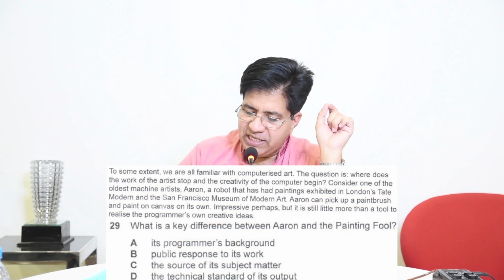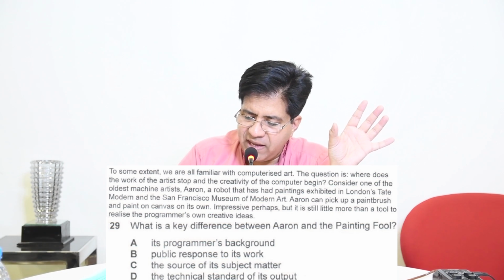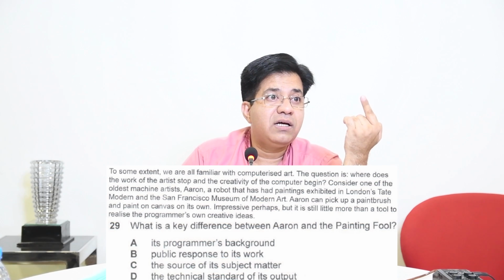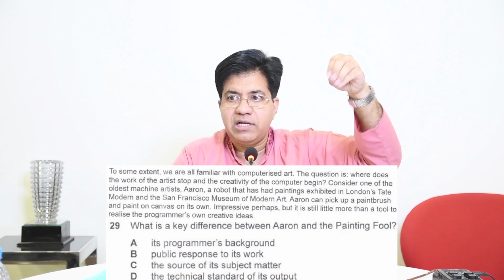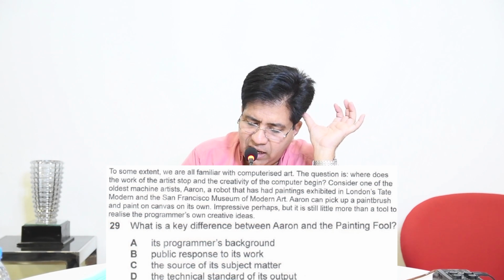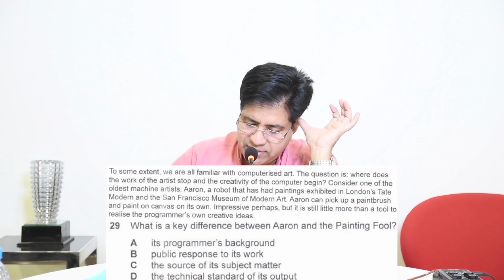I'm reading Aaron. Please follow me. Third paragraph, third last line. Aaron can pick up a paintbrush and paint on canvas on its own. Means automatic. Got it? It'll pick up the paintbrush and it'll start doing it automatically. Impresses perhaps, but it is still little more than a tool to realize the programmer's own creative ideas. Now come to the second one.